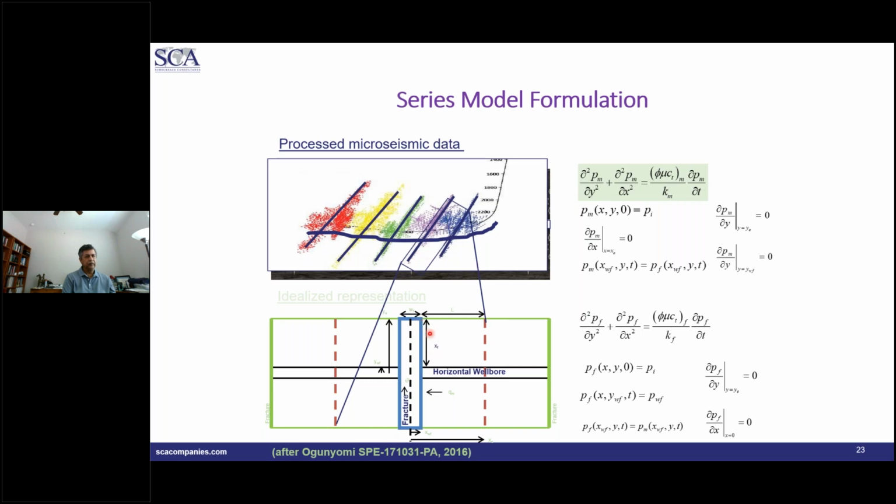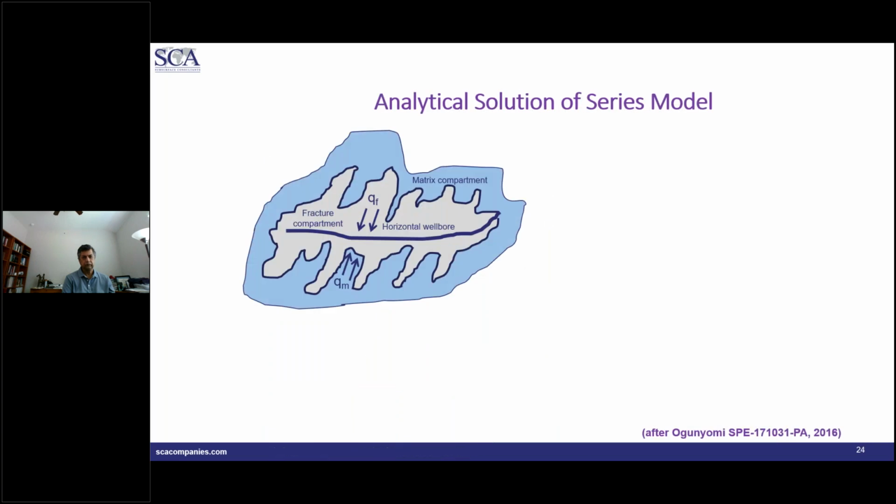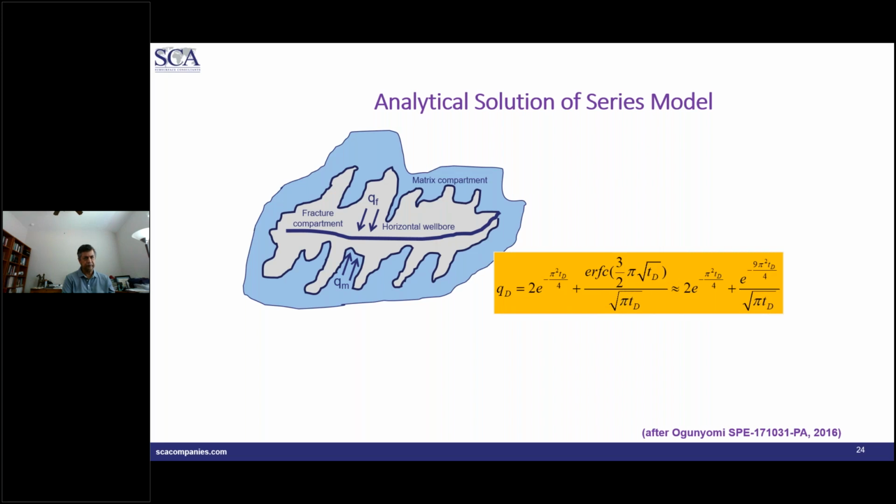And so the analytical model was derived. This piece of work was done at UT Austin. And then it can come up with a simple analytical expression, which you can do in Excel.